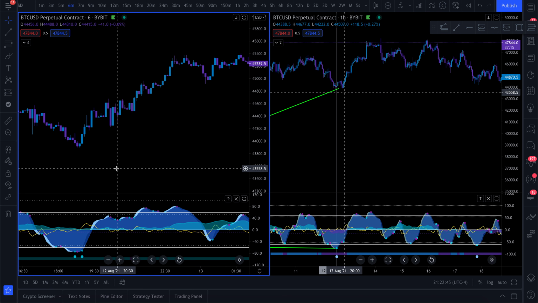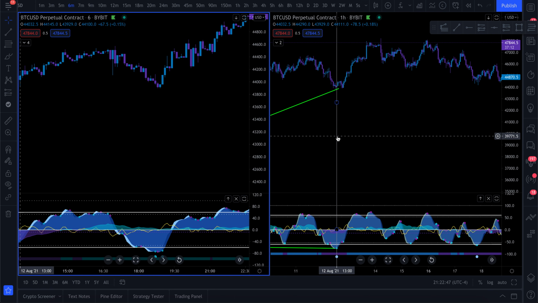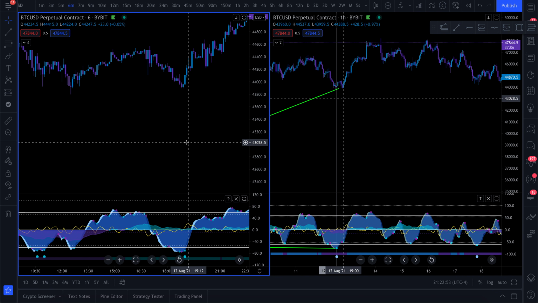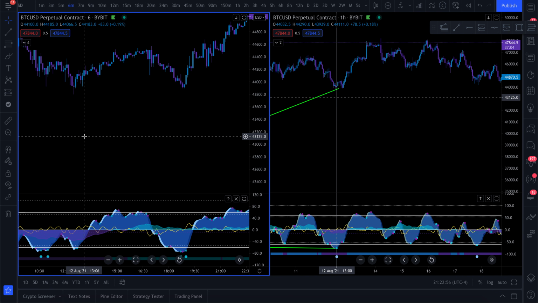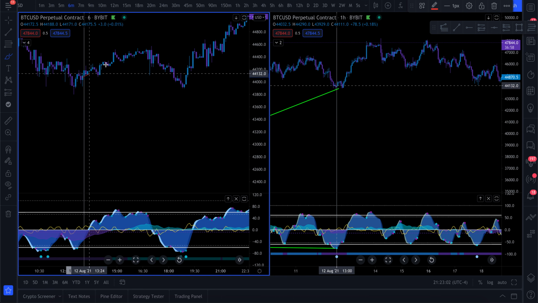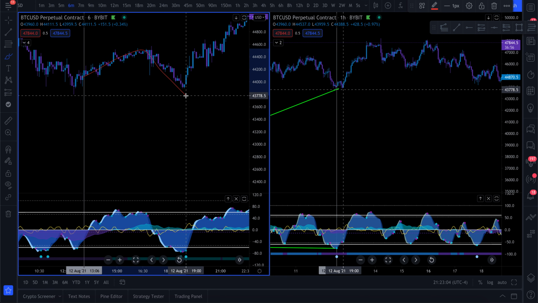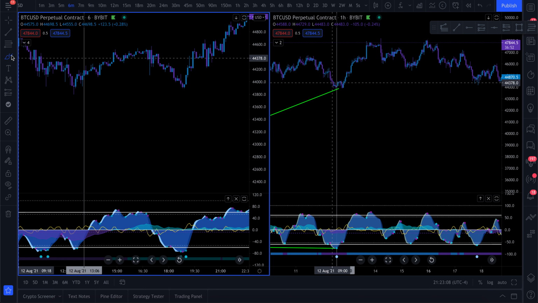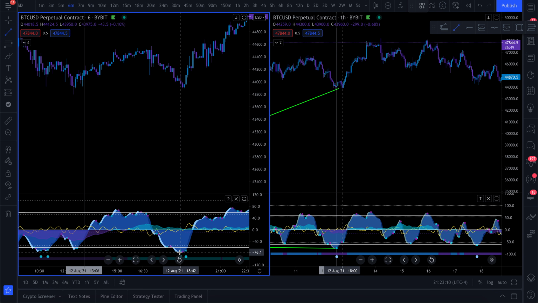Okay? Now check this out right here. As we are printing our big old green dot here on the 1 hour, we start printing it right here, okay? Now, if you just enter on the big old green dot in the 1 hour, what happens? You come up a little and then you get stopped out, right? So what we want to wait to see is a very clear bullish divergence on the 6-minute.